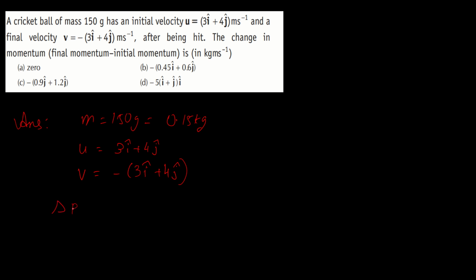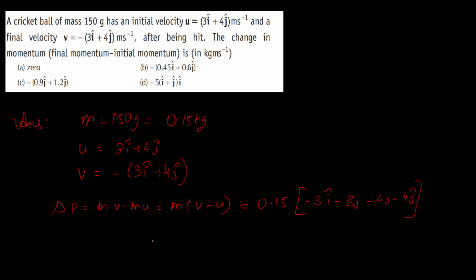Delta P is equal to mv minus mu, which is equal to m into v minus u. Just apply the values: 0.15 into minus 3i minus 3i, minus 4j plus 4j, gathering it together.